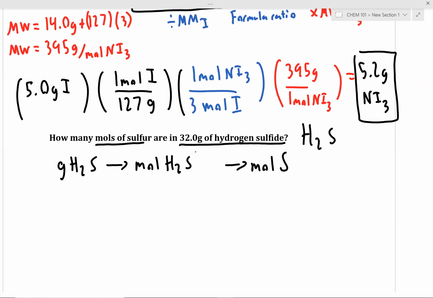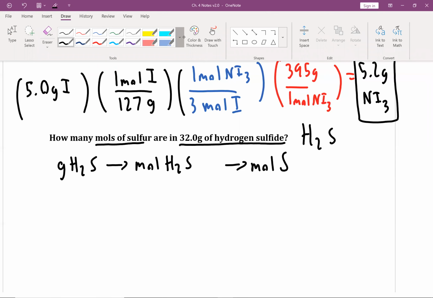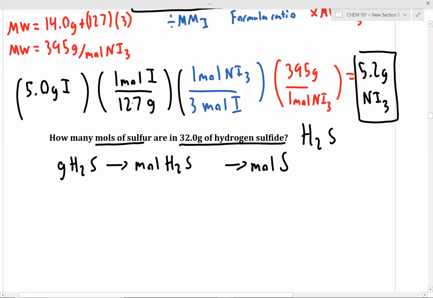Now, with this established, we're now ready to fill in our solution map with a little bit more detail. To go from grams of H2S to moles of H2S, we're going to divide by our molar mass. And then to go from moles of H2S to moles of sulfur, we're going to use our formula ratio.